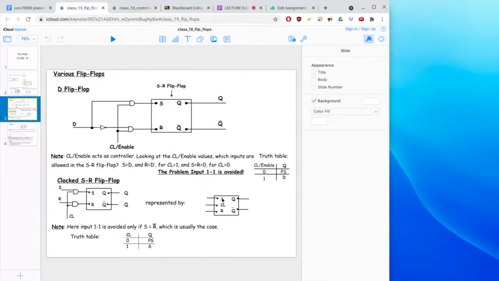But we do want this redundancy in order for our circuits to work. If S is 0, then R has to be 1. If S is 1, R has to be 0. So effectively, there are really only two inputs, anyway. You can try to think about it in different ways.